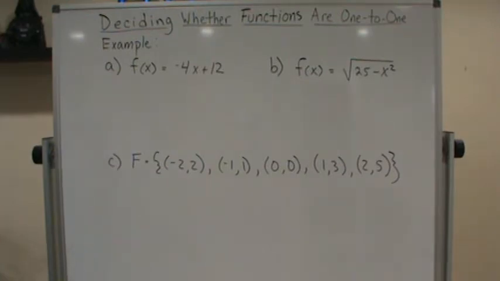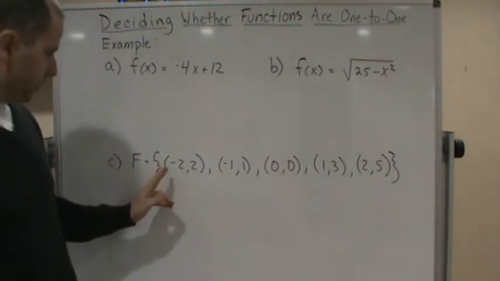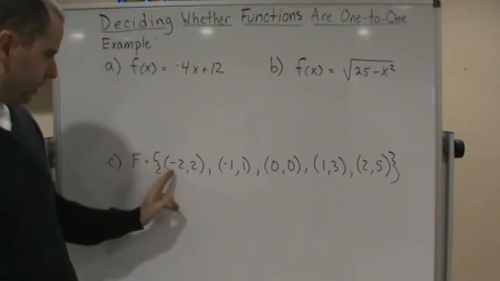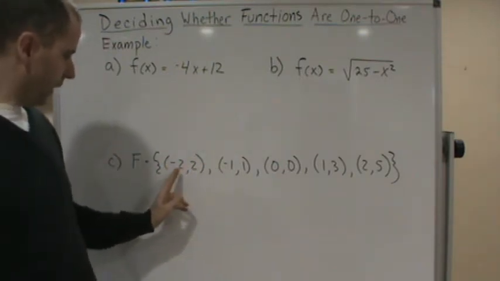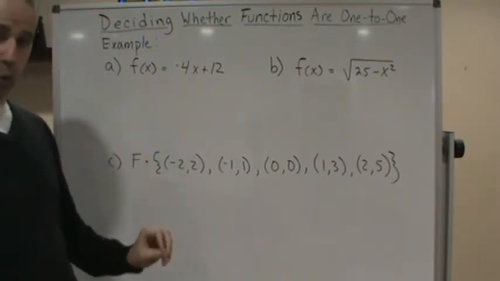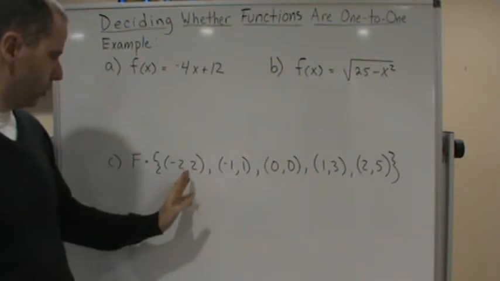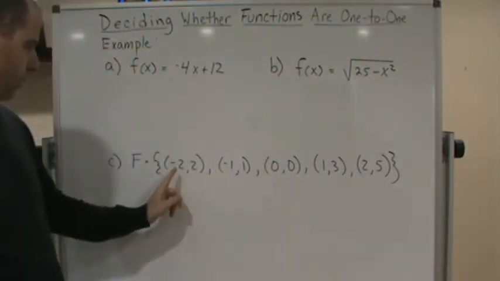Let's start with C first. Here is a function, and you can see that it's a function because each x only goes to one y. So -2 only goes to 2, and you don't see any other -2.